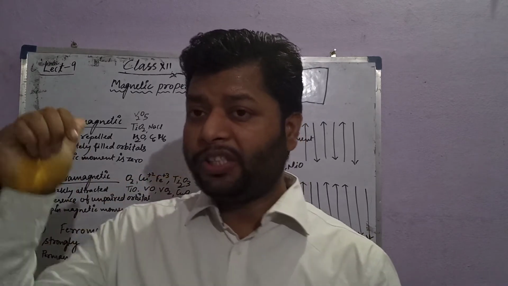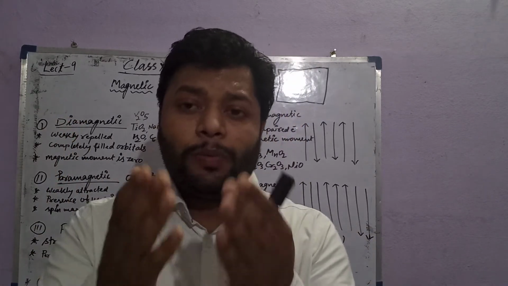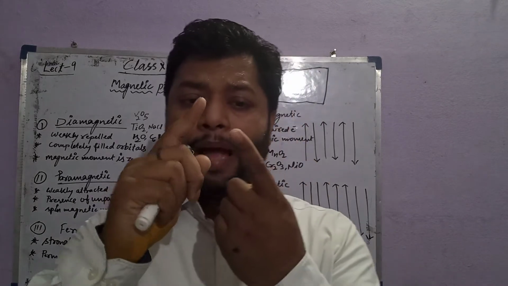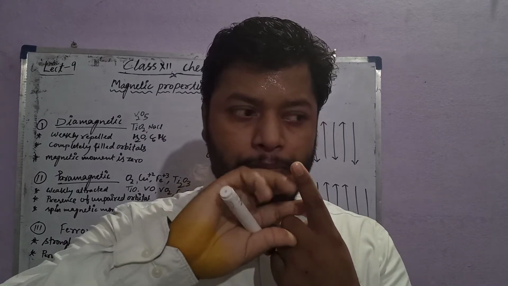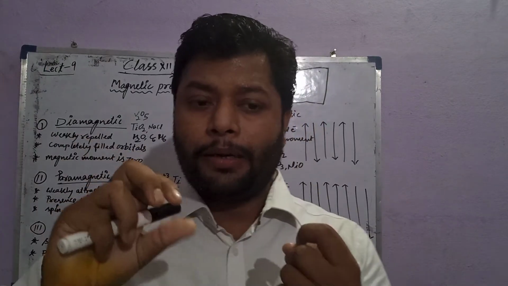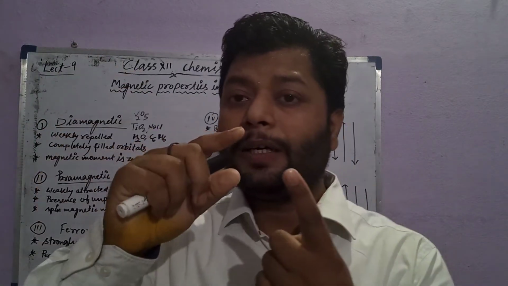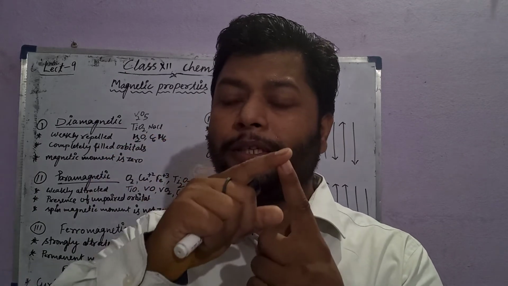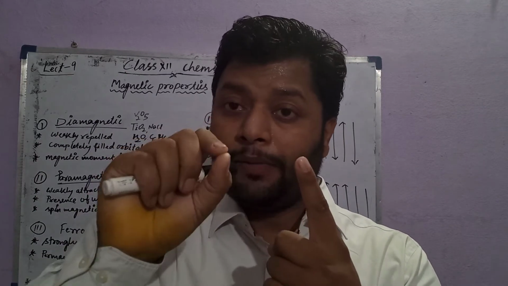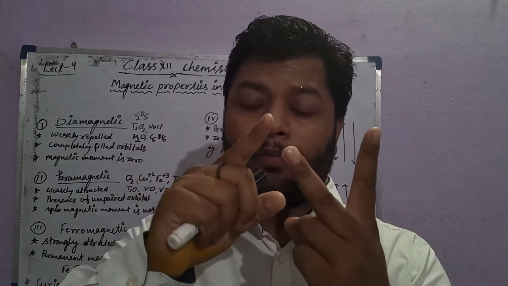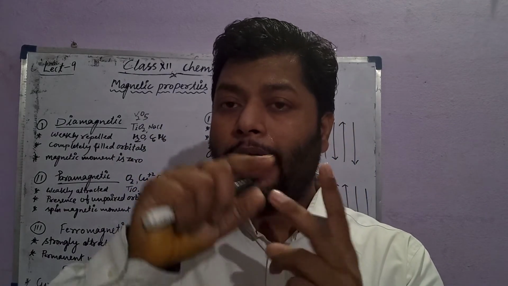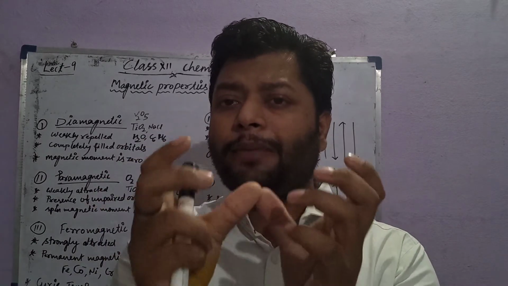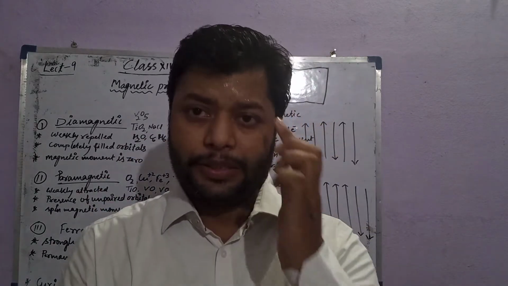But before starting the topic, you have to learn the first thing. Magnetic behavior majorly depends upon the electronic moment, negative sphere particle or positive sphere moment, which causes a kind of dipole moment in the substance.